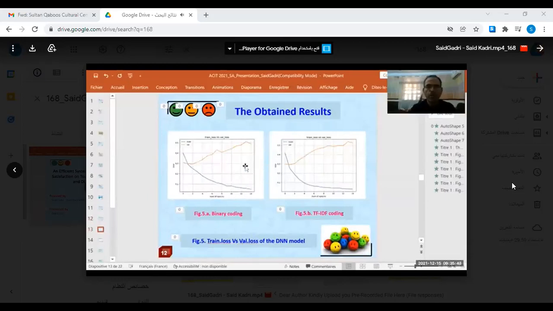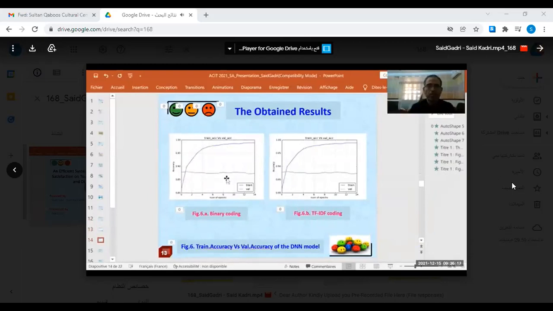Here we can see the curves representing the evolution of the loss function, which begins very high and finishes very low. This is true for the binary coding and TF-IDF coding, and we can observe that there is no difference between the two coding models for the loss function.